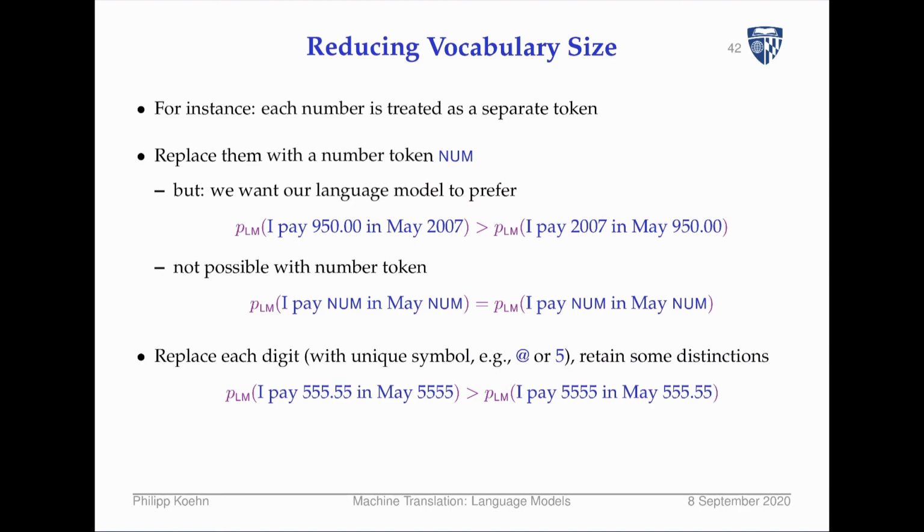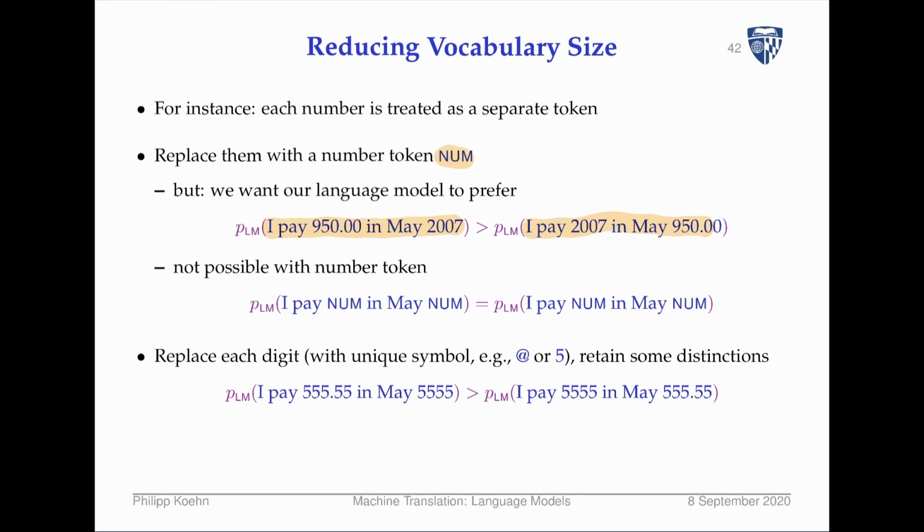You could replace all the numbers with a particular token, num, but if you want to be a bit more careful and still prefer "I pay 950.00 in May 2007" over "I pay 2007 in May 950.00", if our translation model has to distinguish between the two, we still want to prefer the first one.